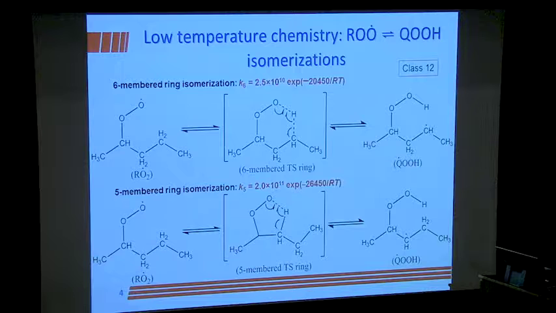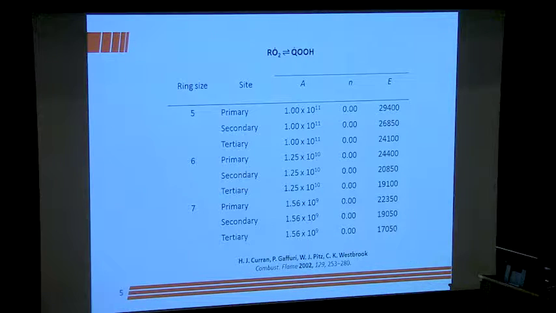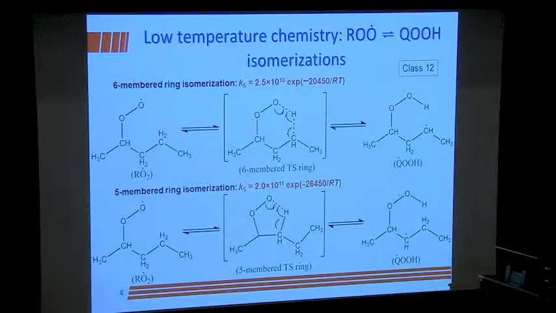One thing I want to mention now, which I didn't go into yesterday. Here we have a 6-membered isomerization. For 6-membered isomerizations, these molecules typically go on and add to molecular oxygen in a second addition, leading to chain branching.